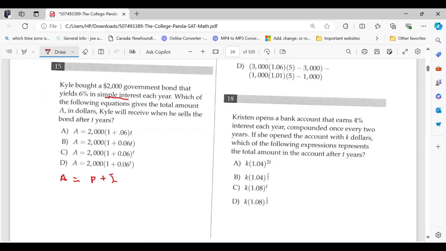So let's see what we have here. Interest itself is principal times time times rate all over 100, because this is simple interest.